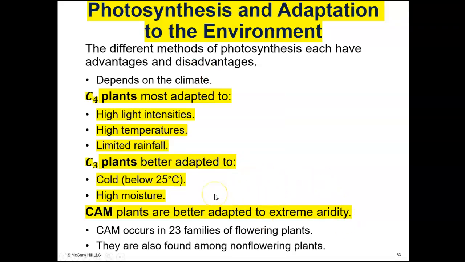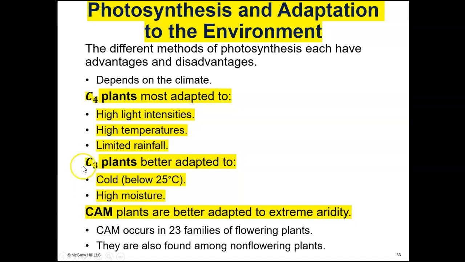So those are the different types of plants as far as the way that they carry out the Calvin cycle reactions. CAM plants divide up the steps of the Calvin cycle into day and night, and then C4 plants divide the steps into different locations within the leaf tissue, so by location.